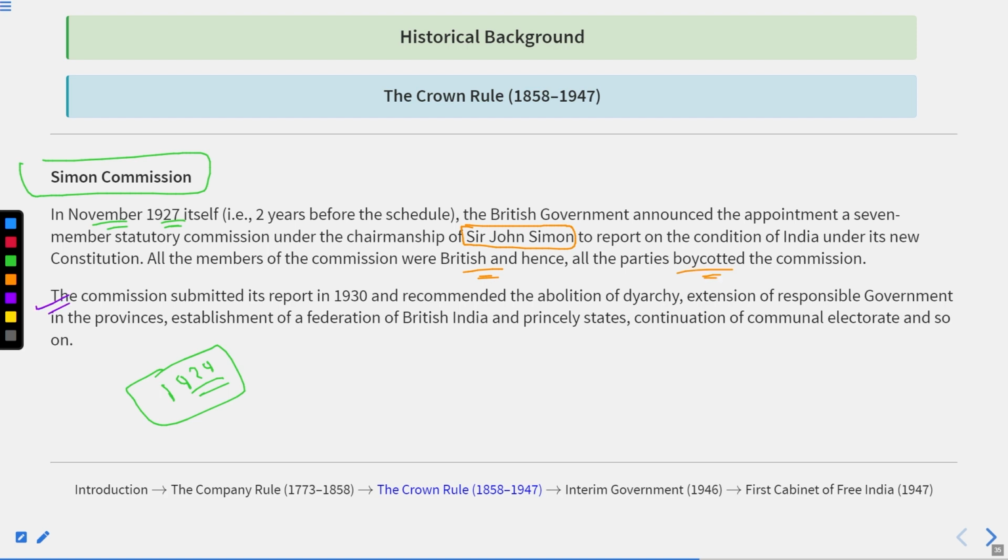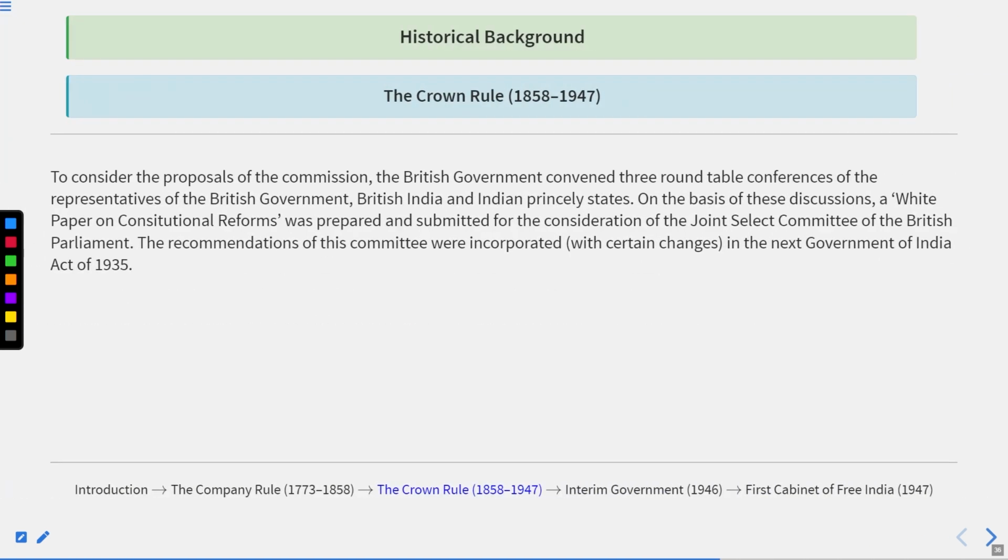The commission submitted its report in 1930 and recommended the abolition of diarchy, extension of responsible government in the provinces, establishment of a Federation of British India and the princely states, continuation of communal electorates and so on. That's why that was boycotted. To consider the proposals of the commission, the British government convened 3 round-table conferences to discuss these things, to which British India, the British government and the Indian princely states were invited.